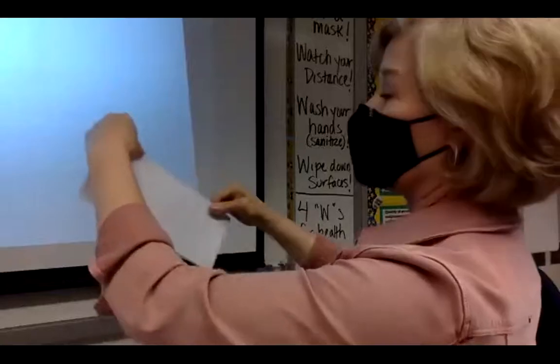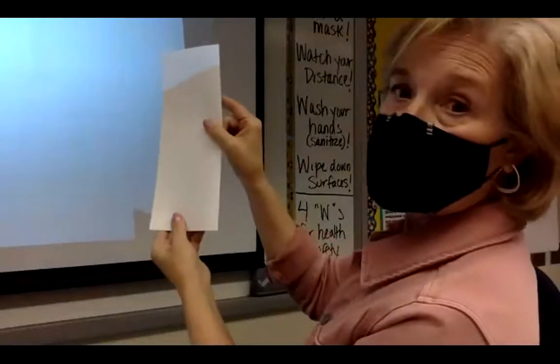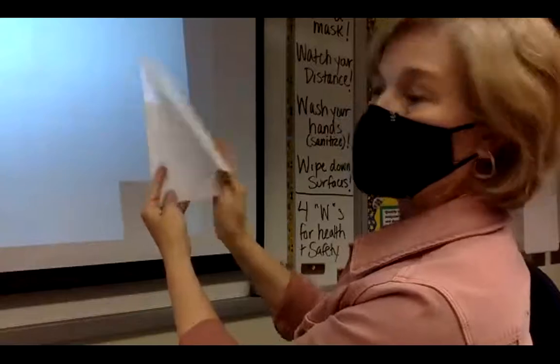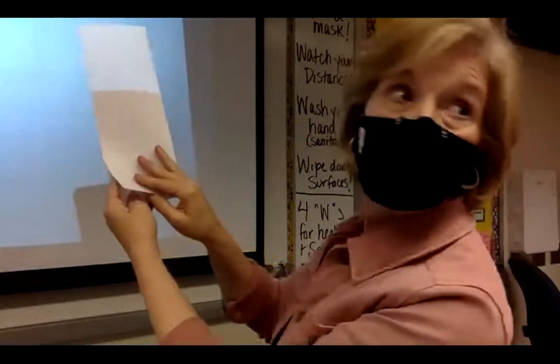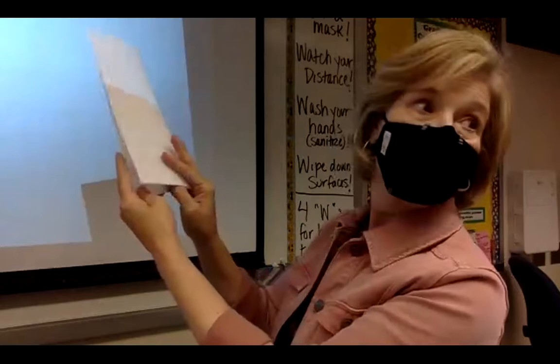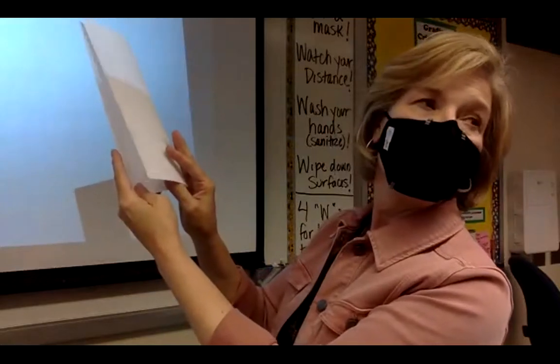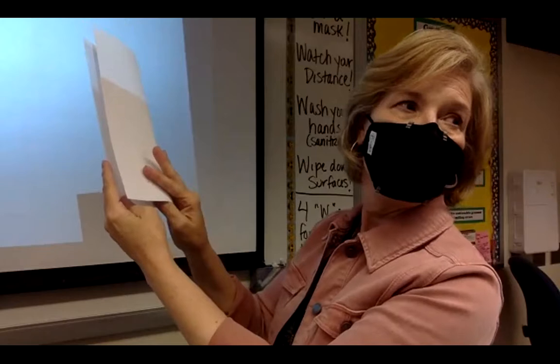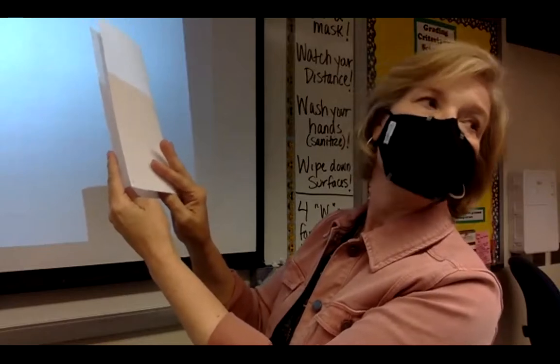Ooh, we have a ghost in the home, right? So we're folding it in half like a flap. Everybody got that? Don't use that side, use the other side.